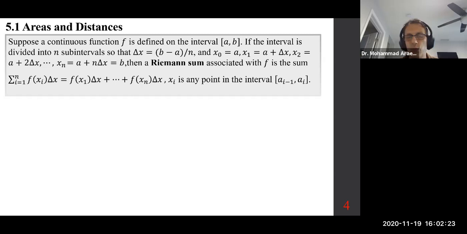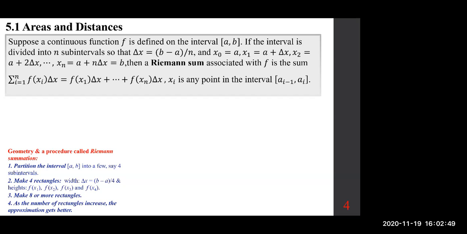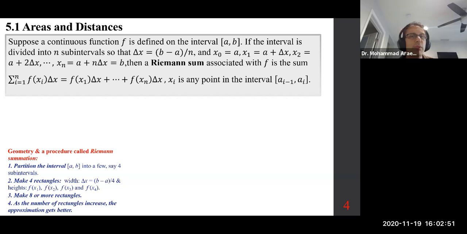By the time we finish the section, everything becomes clear. The idea is that we partition the interval from a to b into a few subintervals, maybe 4 just to begin with. If we go with 4, then we make up 4 rectangles. The width is b minus a over 4. By the way, delta x, the width, doesn't have to be fixed, but when we fix it and they all have the same width, it makes it easier to follow.